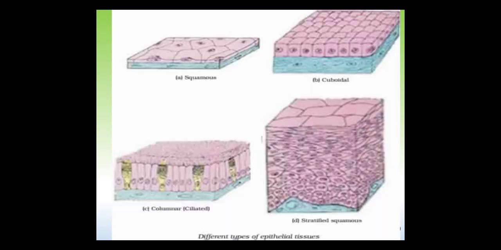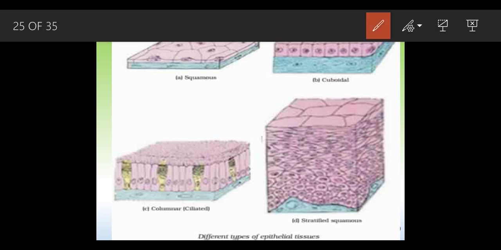See, this is the different shape. So as we can see out here, squamous, as I already said, is a Latin word which means flat. So you can see this flat kind of structure. This is the cuboidal. I have already explained the difference between cuboidal and columnar.